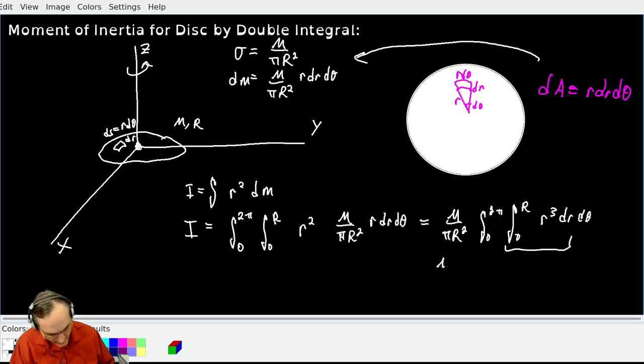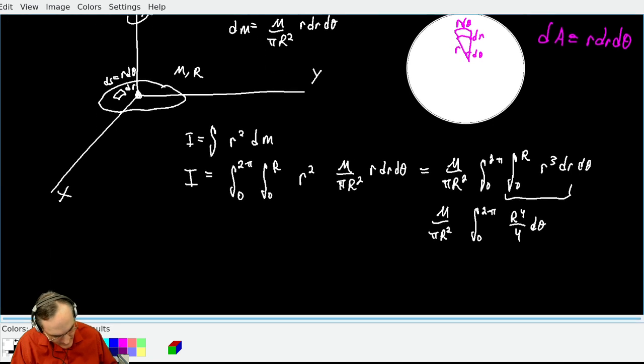Execute the first integral. We have r to the third, so we'll get r to the fourth over 4. And that will leave us with R to the fourth over 4 d theta.